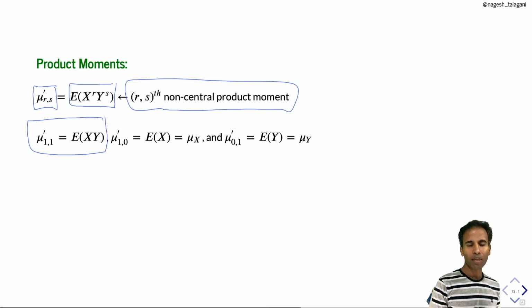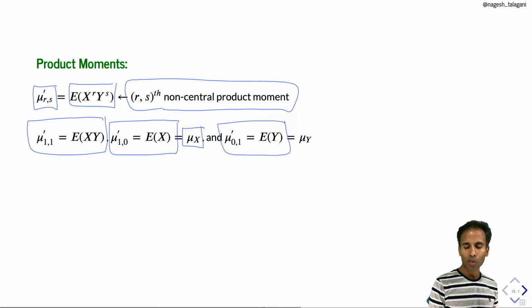Here we are taking r equal to 1, s equal to 1. And mu dash 1 comma 0 is going to be expectation of x, where r equal to 1, s equal to 0. Sometimes we also denote it by mu x. And mu dash 0 comma 1 is going to be expectation of y, where r equal to 0, s equal to 1. Sometimes we also denote it by mu y.